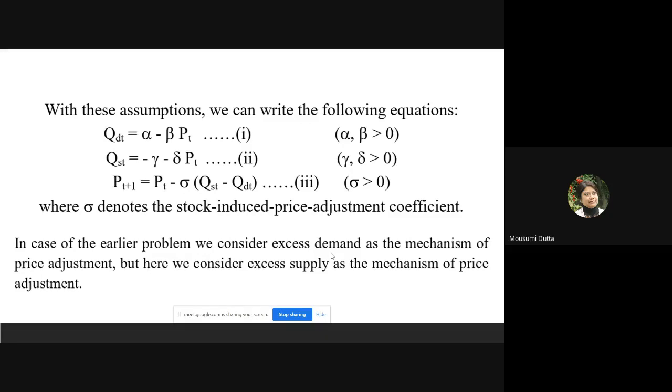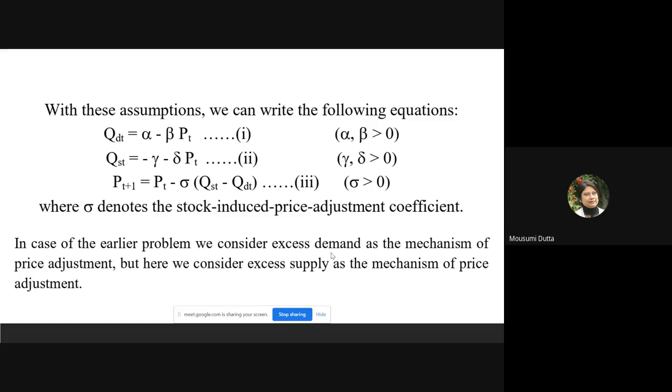With these assumptions, we can write the following equations. Q_dt is equal to alpha minus beta P_t. Both alpha and beta are positive. So it is a negatively sloped demand curve having a positive intercept alpha, a standard demand curve.